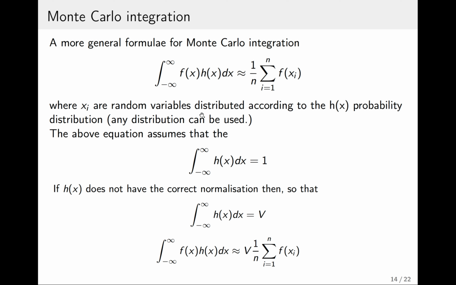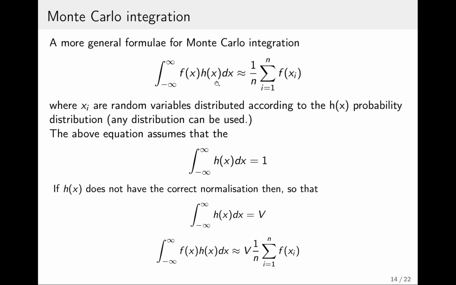To do this, you generate random numbers from the h probability distribution and then apply them to the function. So this is like the expectation value of the function f. And for this to work, you have the x_i random numbers distributed according to the h(x) probability distribution. So you've broken up the integrand into a probability distribution and something to measure, which is f(x).